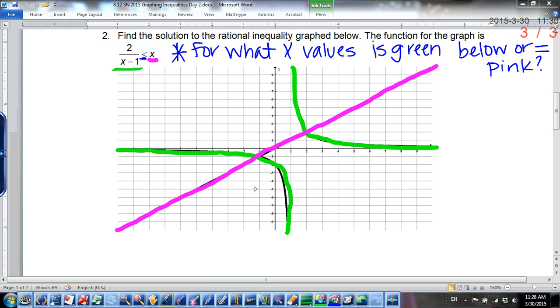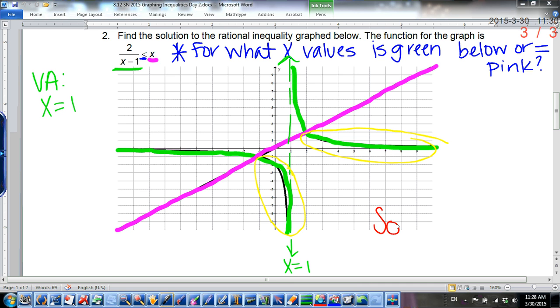Good. So the vertical asymptote is at x equals 1. So it appears to me that we're looking at this section right here and this section right here. Do you guys agree with that? All right.